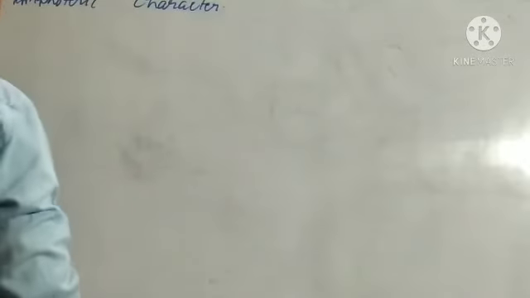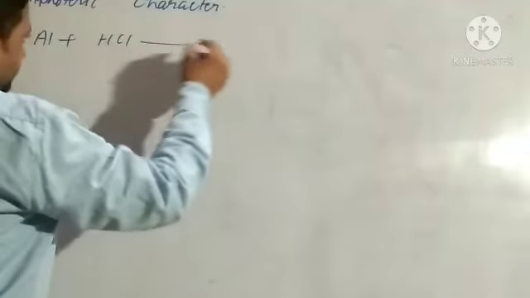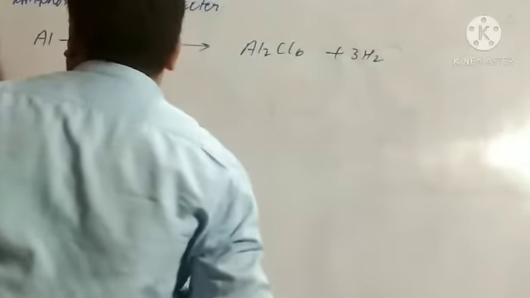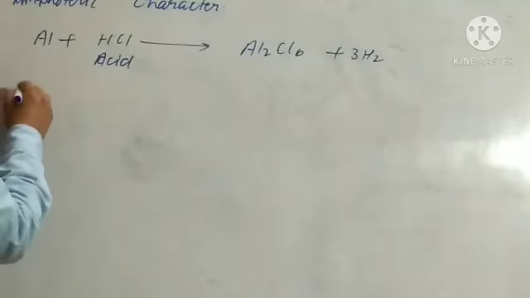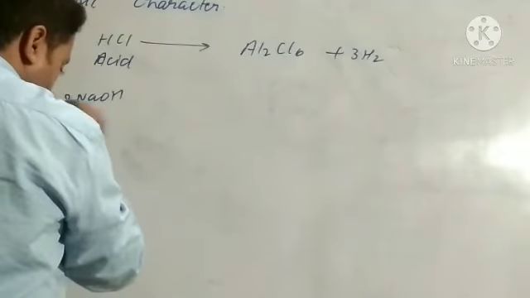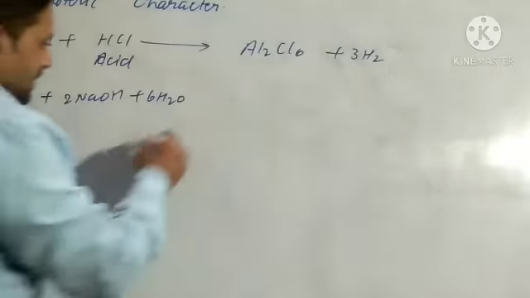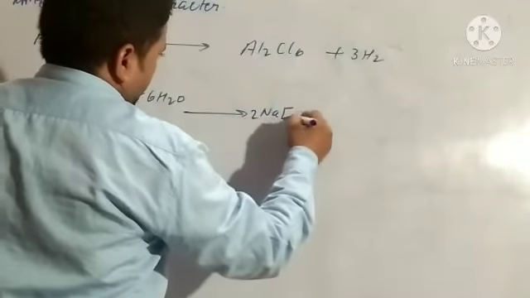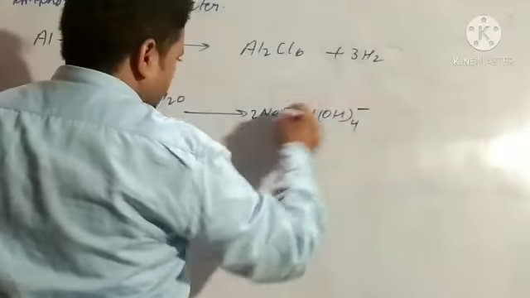Okay, so let us see. It reacts with HCl and forms Al2Cl6 plus 3H2. Here that is acid. And next, it reacts with alkali and forms this compound, Na[Al(OH)4].